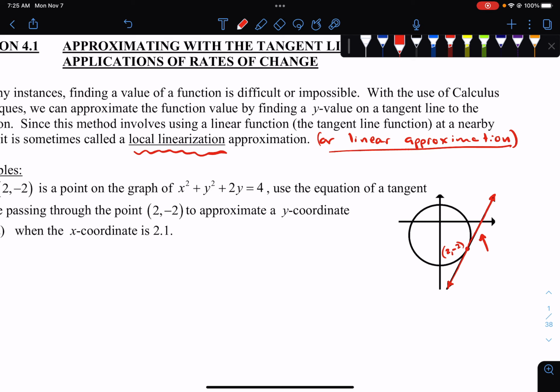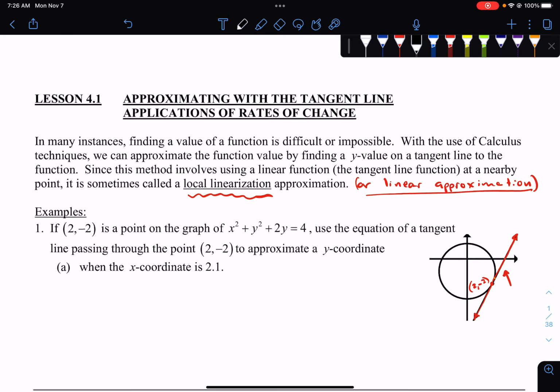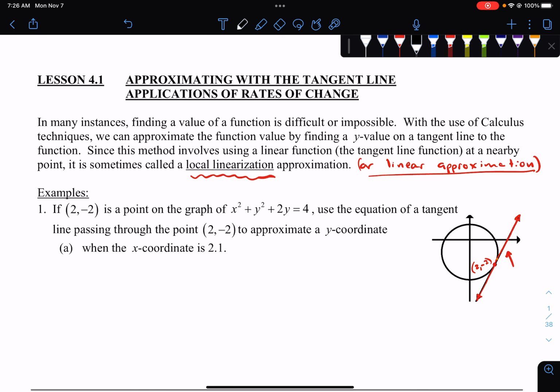But either way, we can't plug 2.1 into the original function. So instead, we're going to pick a nice number, 2. We're going to make a tangent line, and we're going to plug 2.1 into the tangent line equation to approximate what the answer would be. So this makes the math a lot easier.